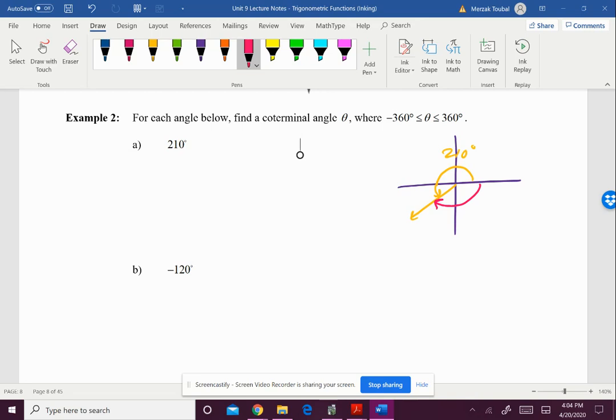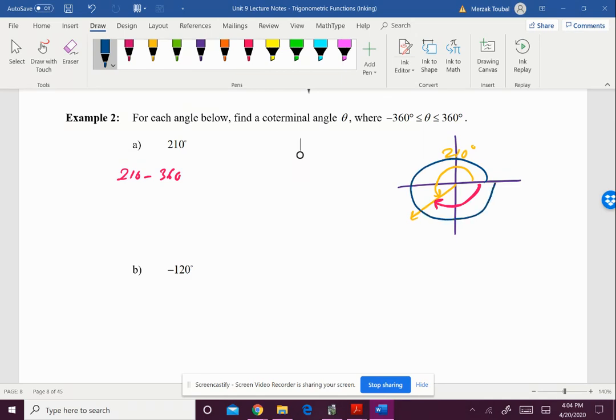How do we find this angle? Well, since this angle is negative, see the red angle is negative because we're rotating clockwise. If you want to find that red angle, we can look at it this way. This is 360, the entire rotation.